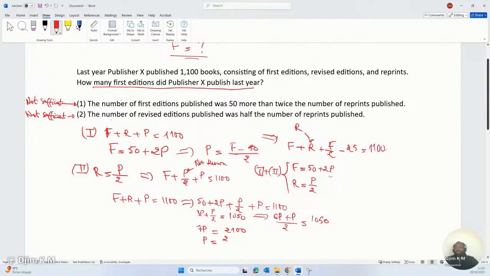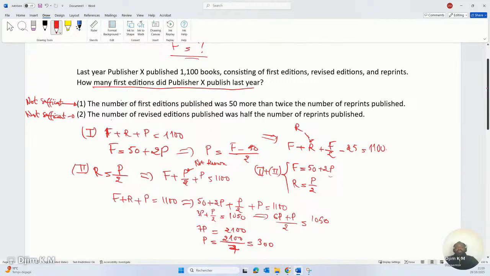P equals 2100 divided by 7, which gives us 300. So P is equal to 300.